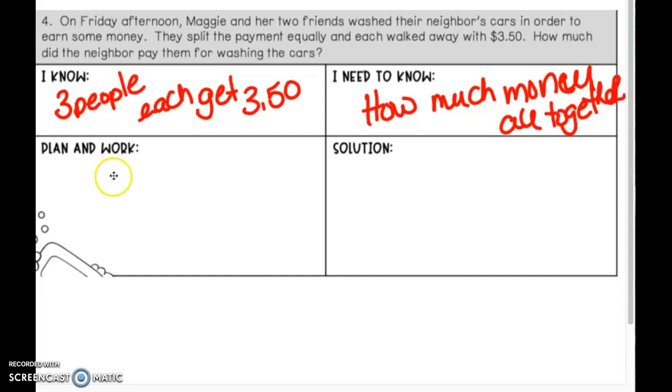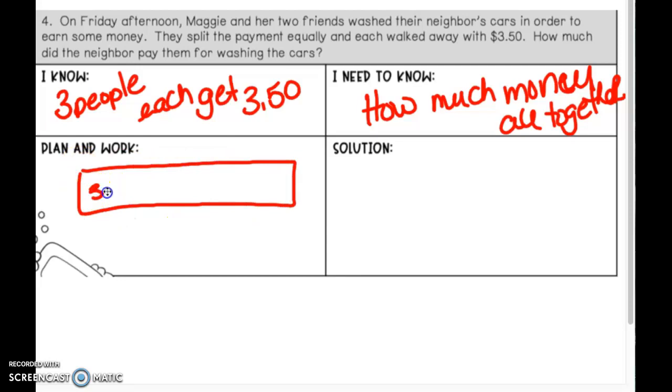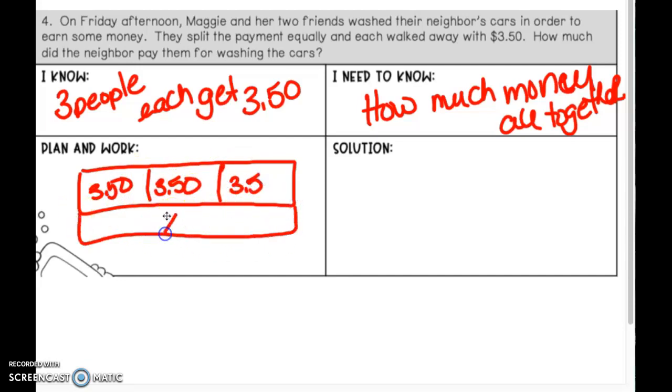We don't know what they made. Each girl gets $3.50. This is what it might look like in pictures, and all together, if you add those together, you get your x. So x divided by 3, because there's 3 of them, equals $3.50.